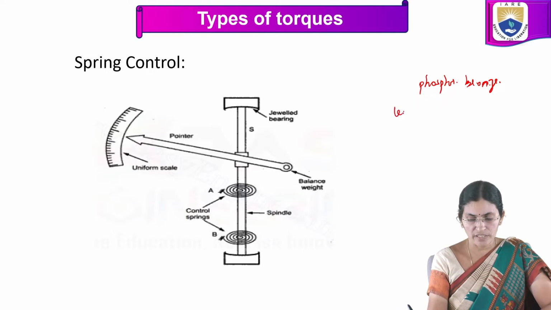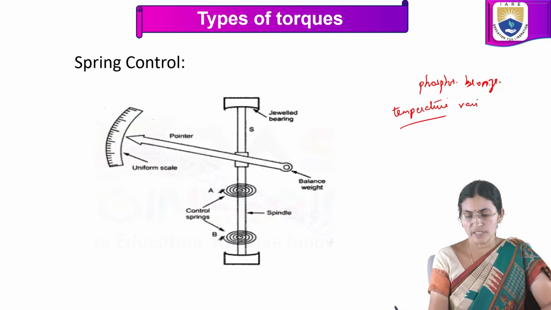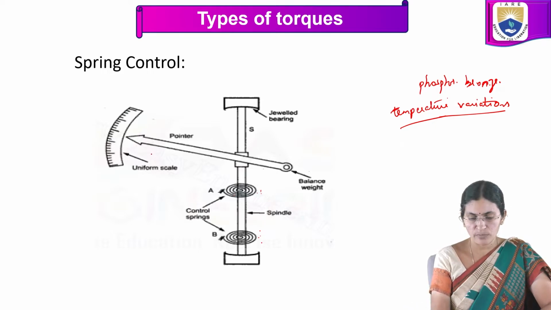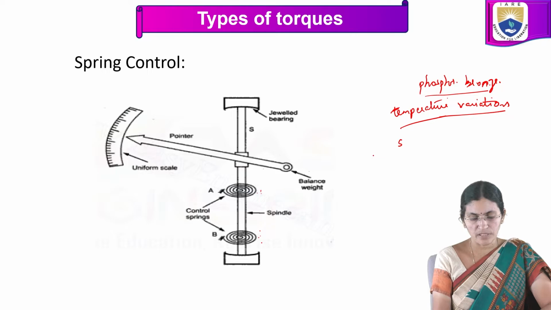To avoid temperature variations, we use two hair springs, as you can see in the diagram, made up of phosphor bronze. When the pointer moves, one spring will be compressed while the other will be expanded.